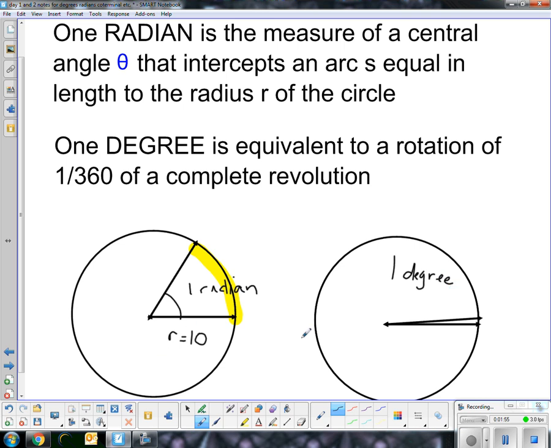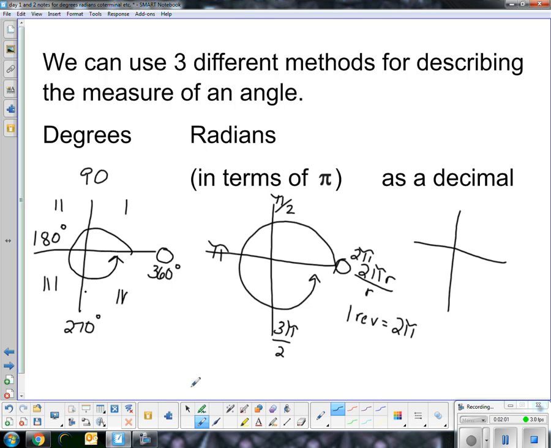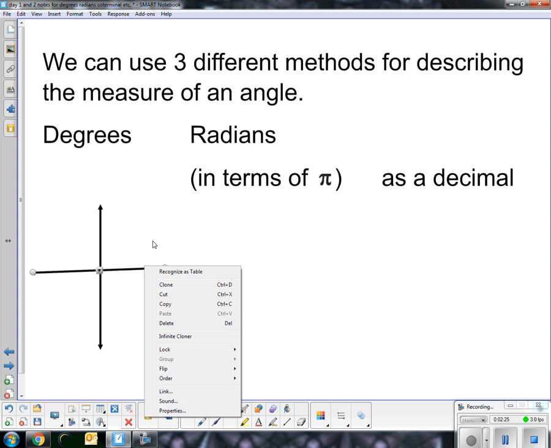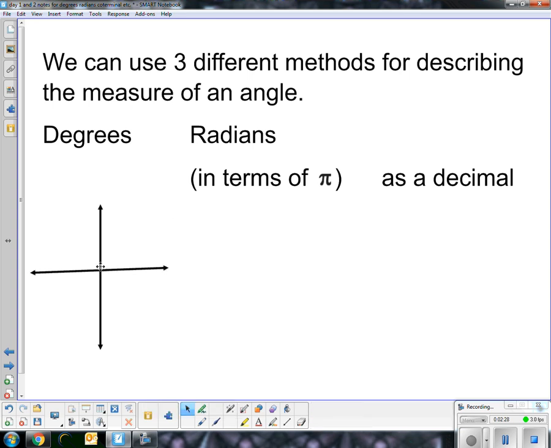Now, there are 3 ways for measuring or representing the measure of an angle. And so one way is to do it in degrees. So if you start with an XY coordinate plane, and you look at an angle starting in standard position, and you start at the positive x-axis, that would represent 0 degrees.